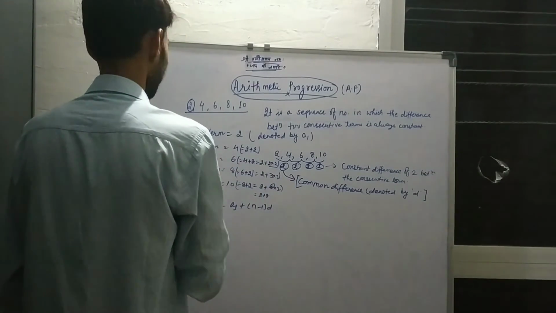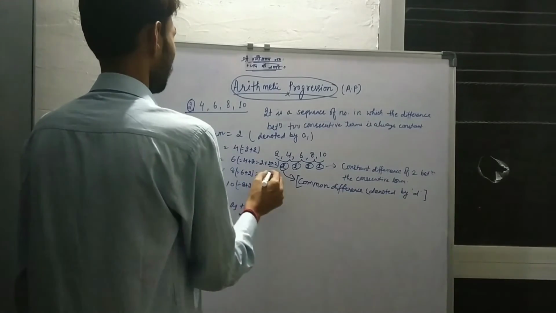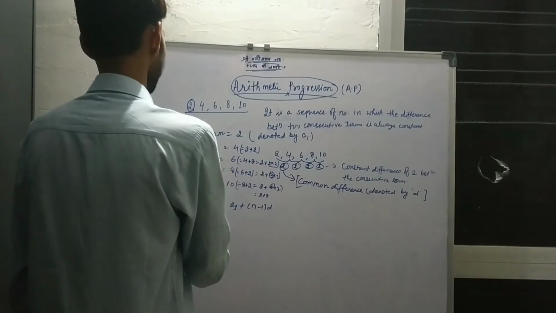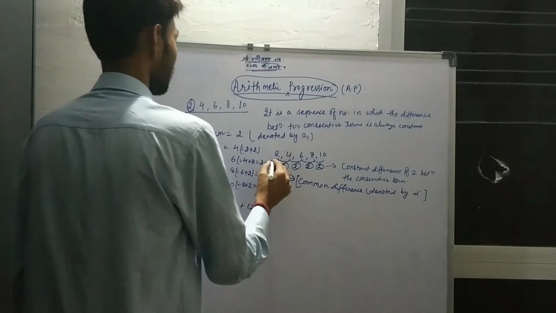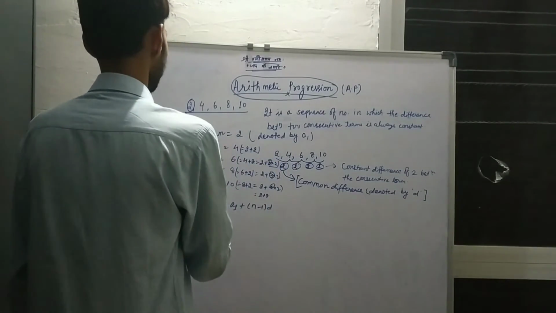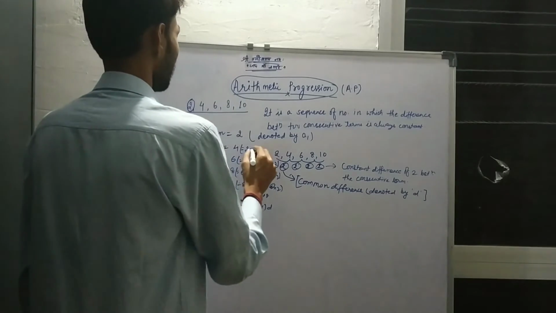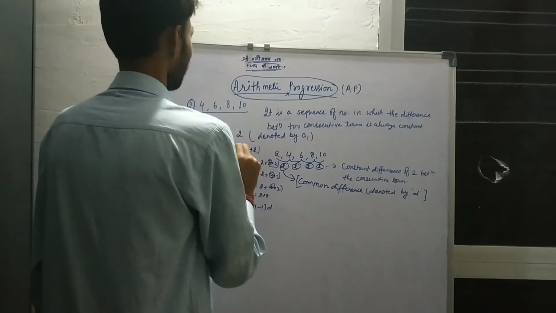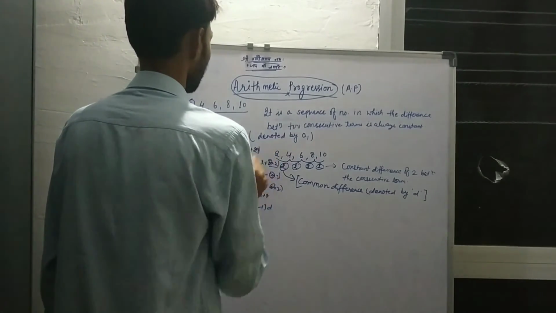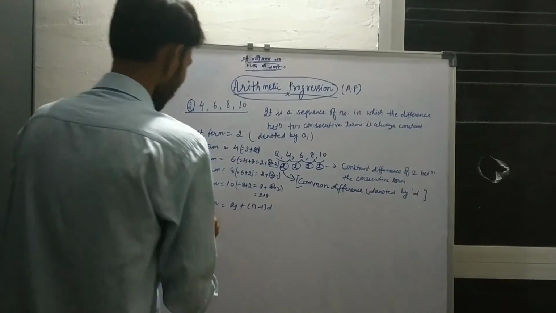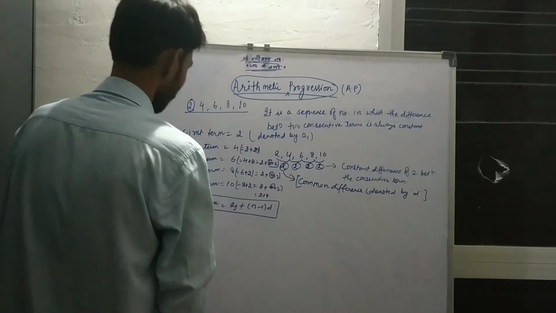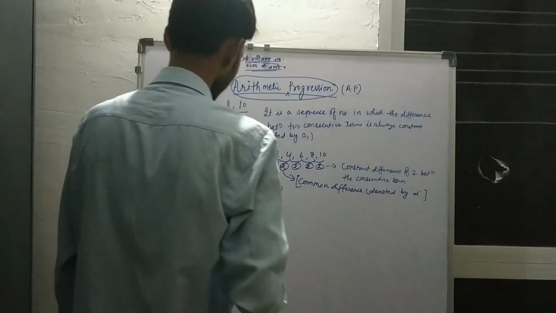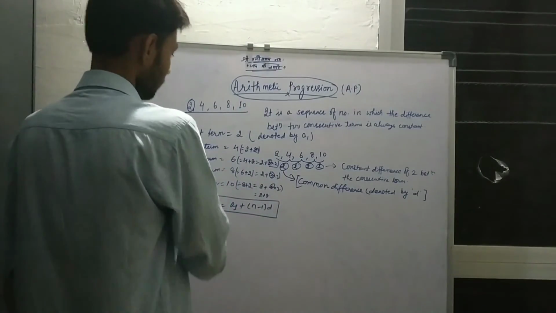For the fourth term, 1 less than 4, 3 comes. For the third term, 1 less than 3, 2 comes. And for the second term, 1 less than 2, 1 comes. So we got the formula for getting the nth term.